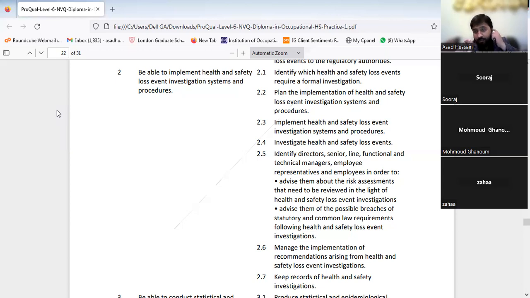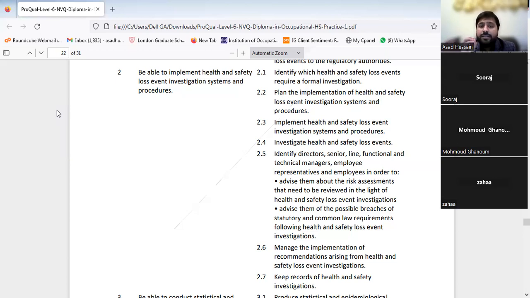In 2.2 it is asking for the plan we have for the implementation of health and safety loss event investigation systems and procedures.